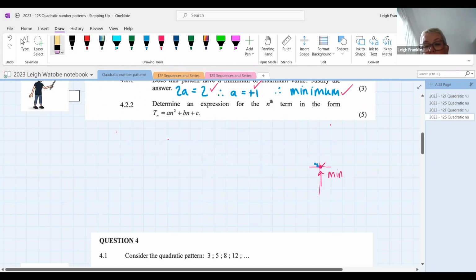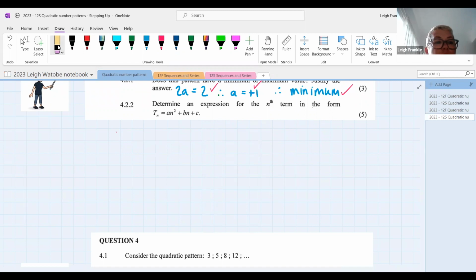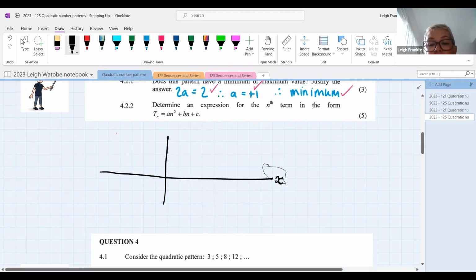So with all parabolas, they are arches, aren't they? So as far as this particular pattern is concerned, if I was to draw, and I'm not 100% sure of where it would be, if that is your set of X and Y axes.